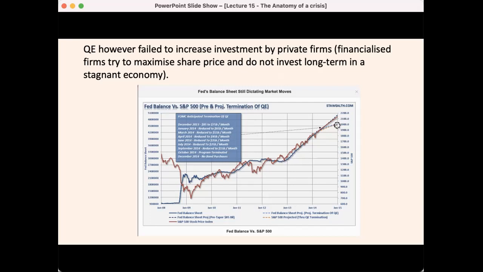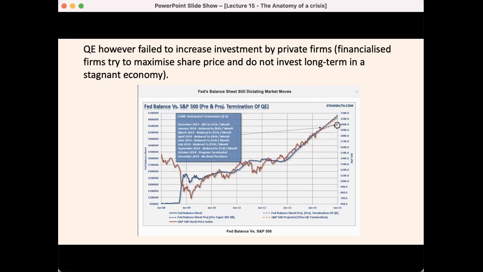And you can't say it's causal because there's just a correspondence. But if QE was designed to produce productive capacity, then this correspondence is worth looking at and going into in a little bit more detail, isn't it?